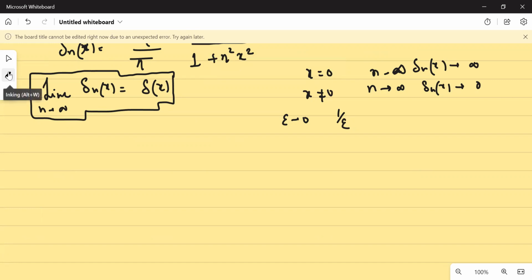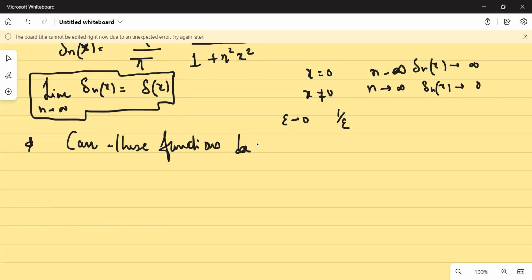Another thing that you can do is, in terms of epsilon, let us see, can these functions tend to a Dirac delta function as epsilon tends to 0?